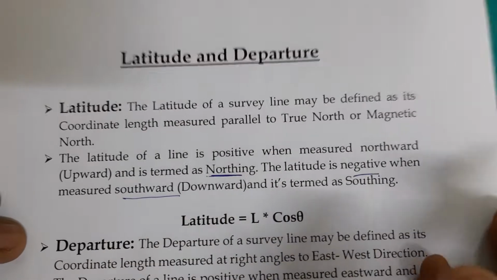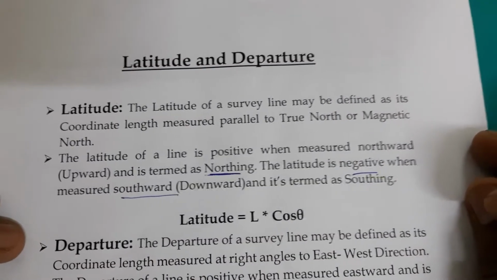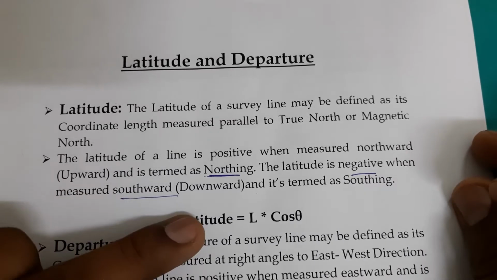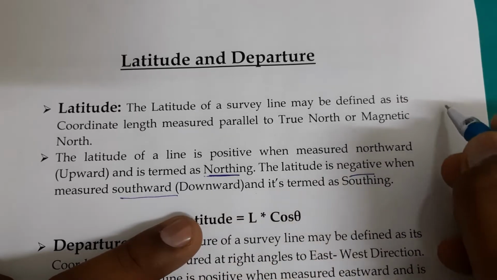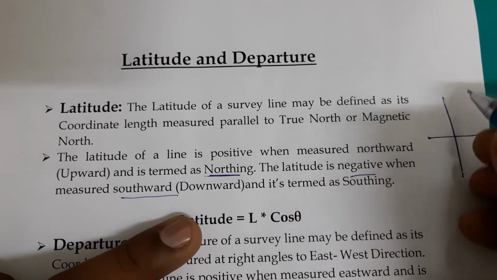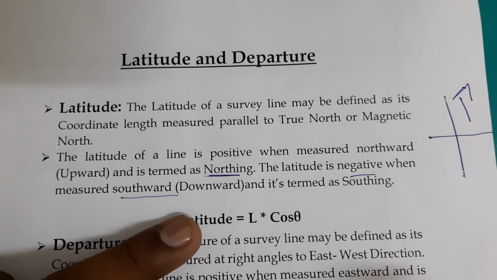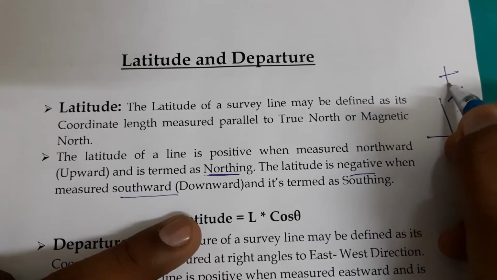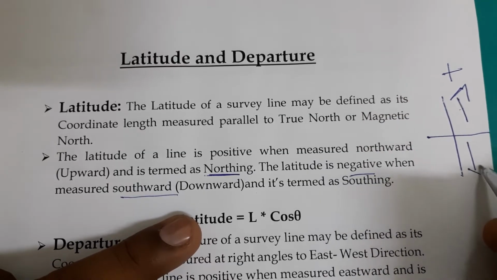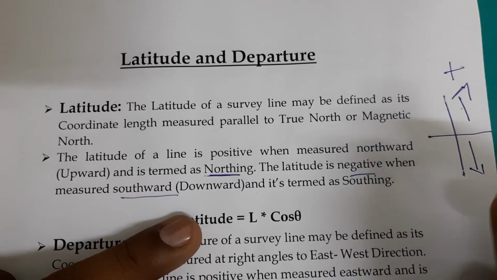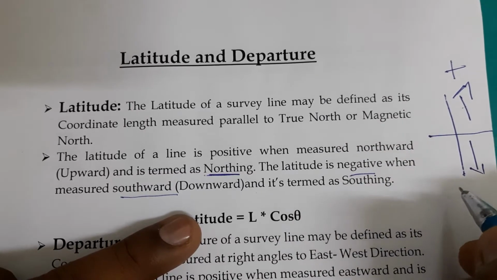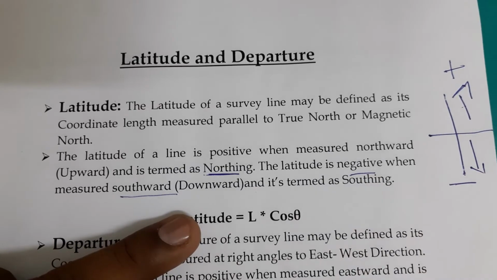Everyone knows there are 4 quadrants, 1 2 3 4, based on 0 to 360 degrees. Generally, if you measure the direction in an upward or northward movement, then the latitude will be positive, and when you measure in a southward or downward direction, then the latitude is called negative.